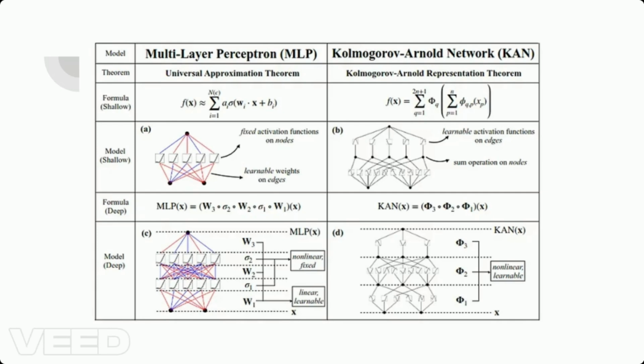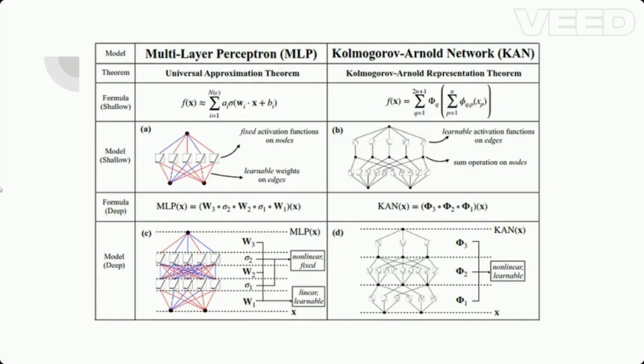This theorem stated that any continuous function can basically be broken down into smaller continuous functions. So what this really means is that a complex function can be represented using similar, smaller functions.